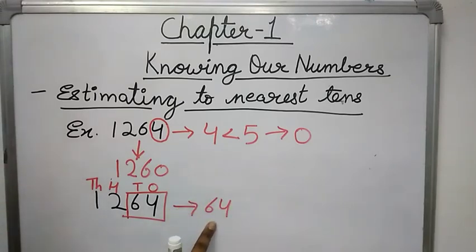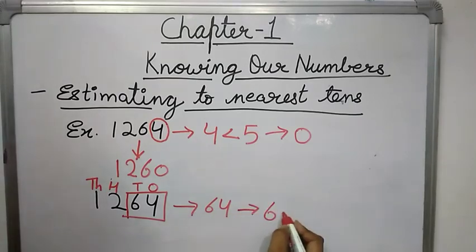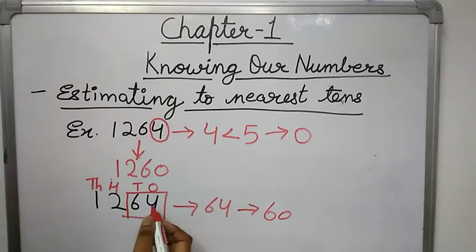And this 64 is near to 60 because the 4 is less than 5. So we will write 60 in place of 64. So it will be 1260.